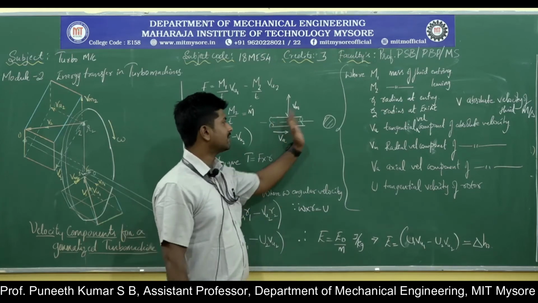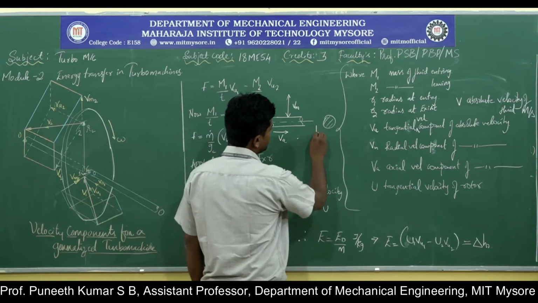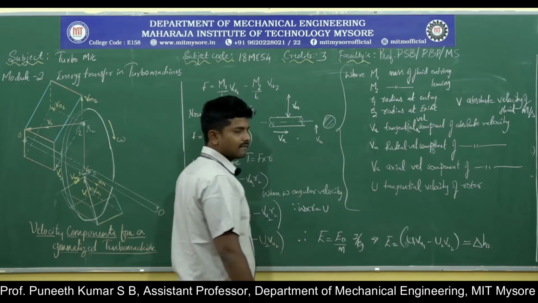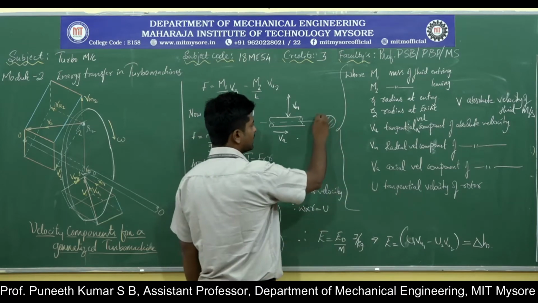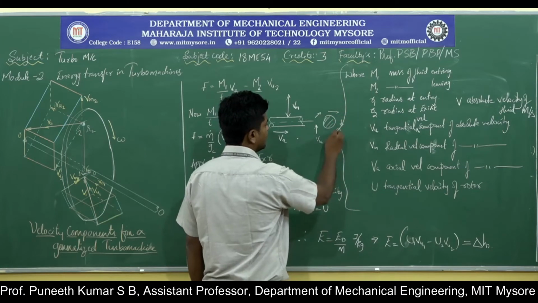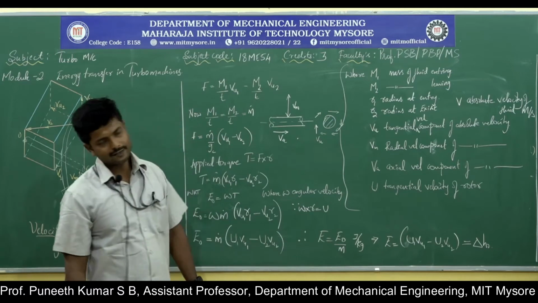So I have taken the side view of this shaft so that I can write the tangential direction of flow, which is represented by Vu. It is not only in this direction; any direction which is tangent to the rotary direction is Vu.